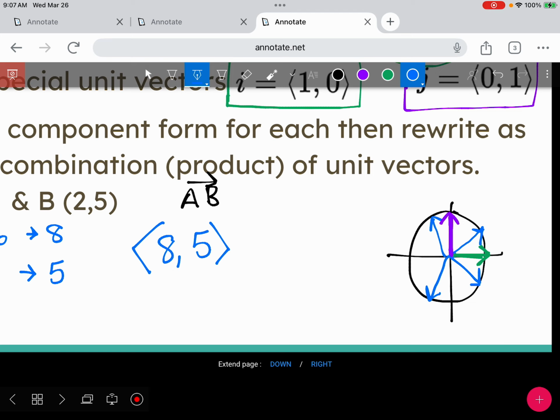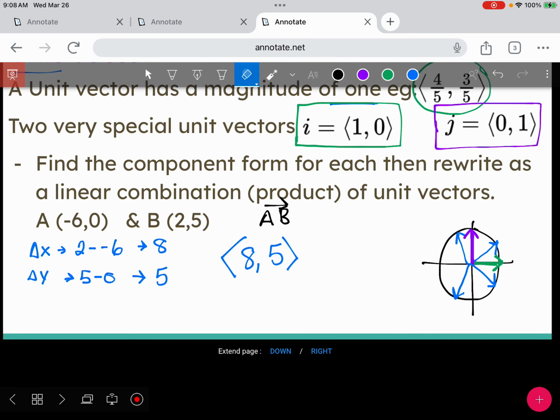So when it asks us to write these as a product of unit vectors, what that's saying is if I look at i and j up there, i deals with only the x value, right? i only has x's. So if I wanted to recreate this vector 8, 5, I'm going to sketch it out real quick.